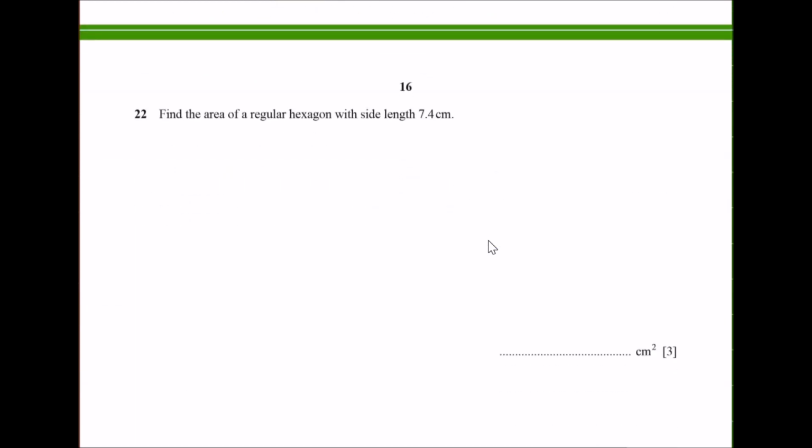Next, last question. Find the area of a regular hexagon with side length 7.4 centimeter. To find the area of a regular hexagon, we can use a direct formula, but that is not part of our IGCSE syllabus. So what we have learned in the IGCSE syllabus, I'll show you how to use.